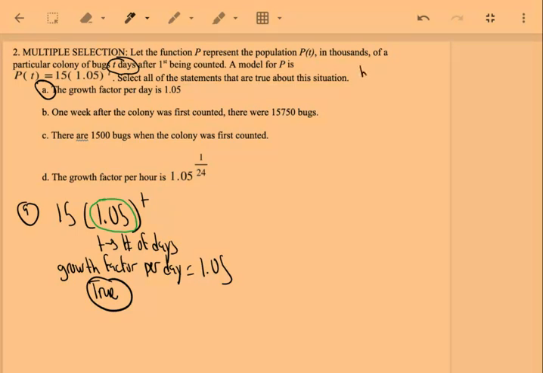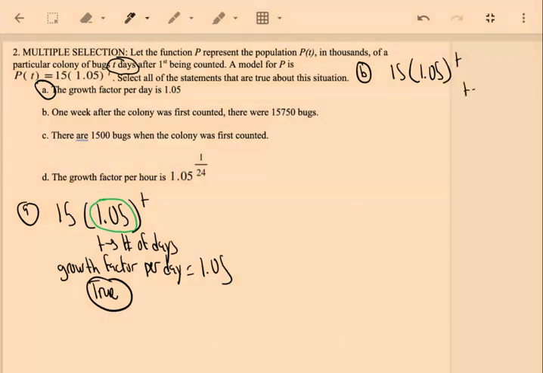Okay. Let's see. B I'm going to do up here. All right. 1 week after the colony was first counted, there were 15,750 bugs. So let's go to our equation here. 15 times 1.05 to the power of t.